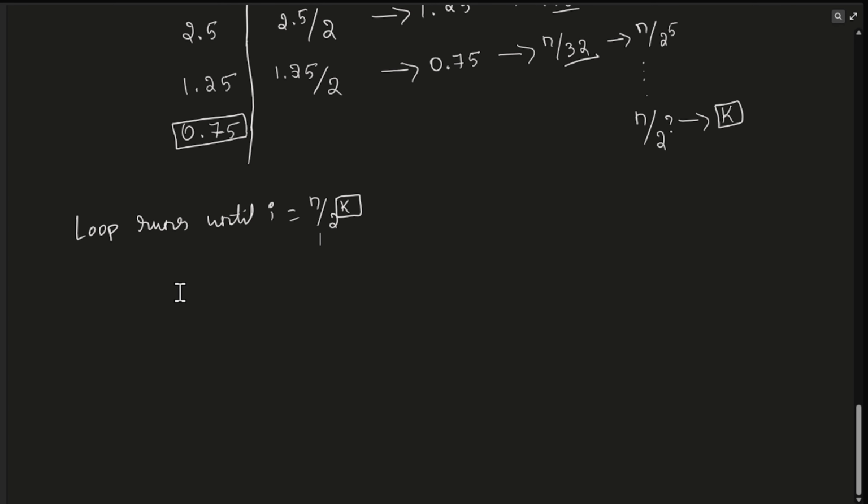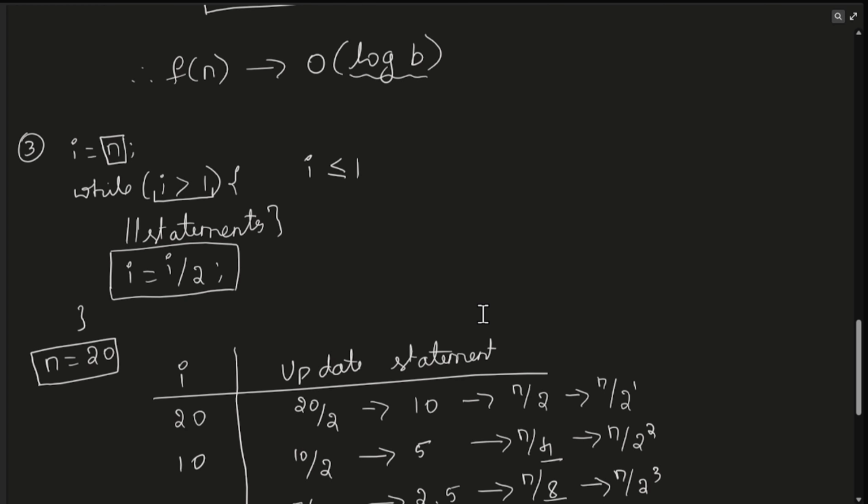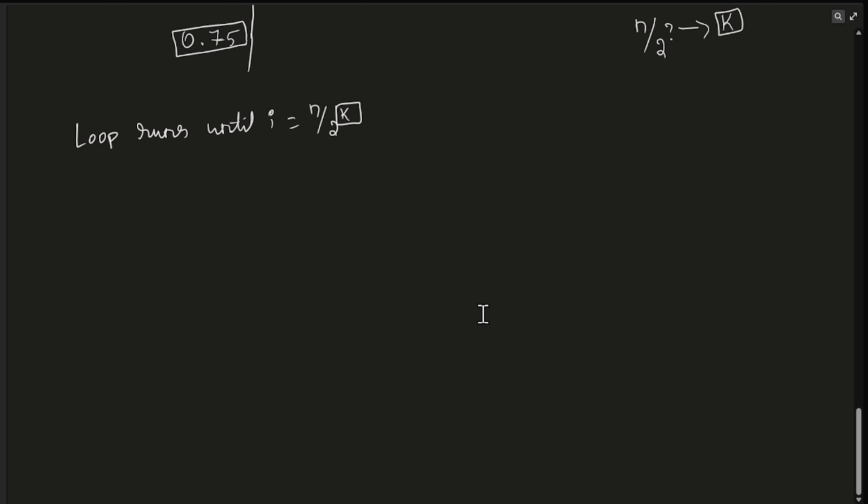Our loop stops when I is less than or equal to 1. It runs until the value of I is greater than 1, and it stops as soon as the I value becomes 1 or less than 1. This will lead to finding k.